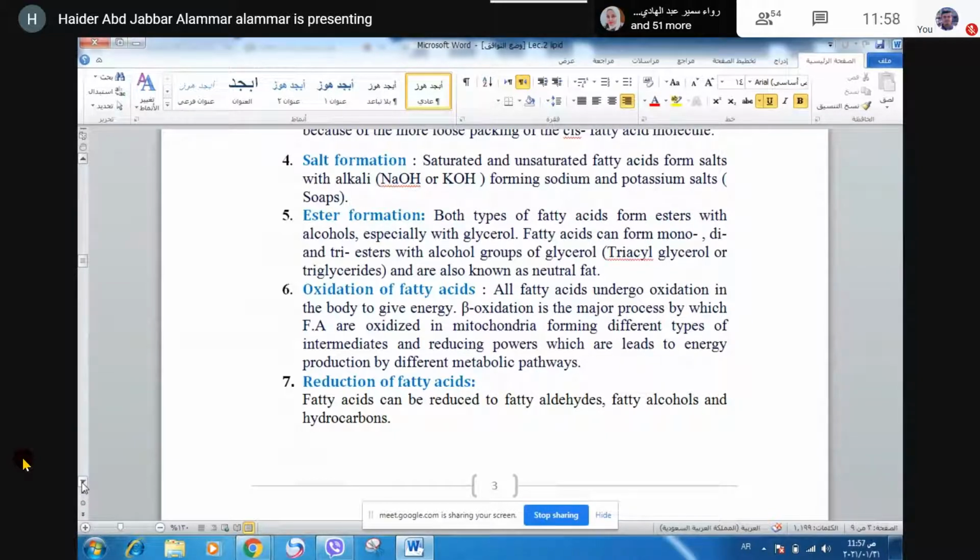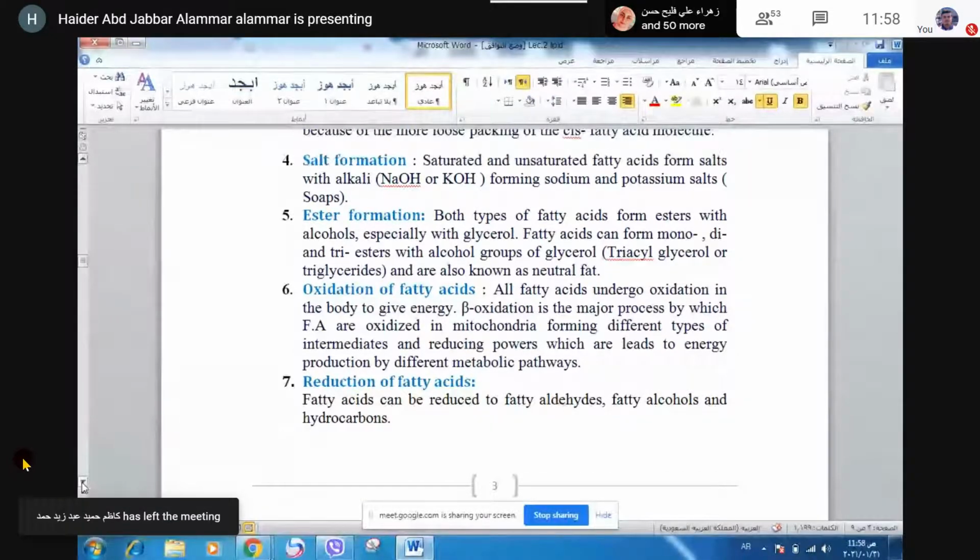The sixth property is the oxidation of fatty acids. As I said, our body needs energy, and this energy can be obtained from glucose, the first line of energy in our body, through the process of glycolysis. This yields energy.